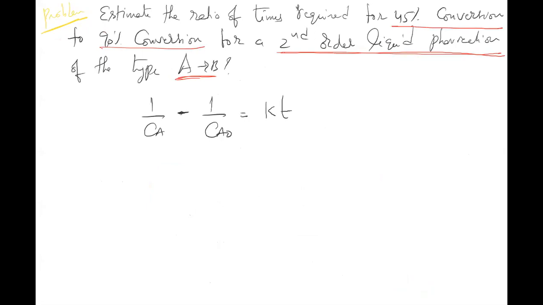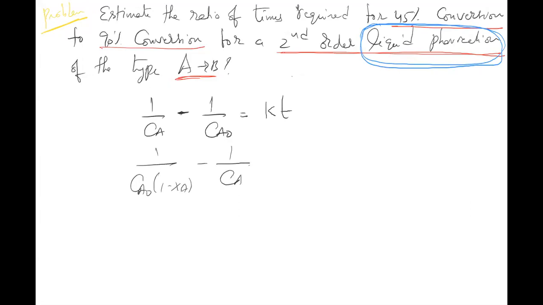It is already given that it is a liquid phase reaction. This is important: in your GATE question you have to be extremely careful, because if it is a liquid or gas phase reaction, the answers are different. In the options, you will have both gas phase and liquid phase answers. So I take Ca as Ca naught into (1 minus Xa), giving 1 by Ca naught into (1 minus Xa) minus 1 by Ca naught equal to K into t.